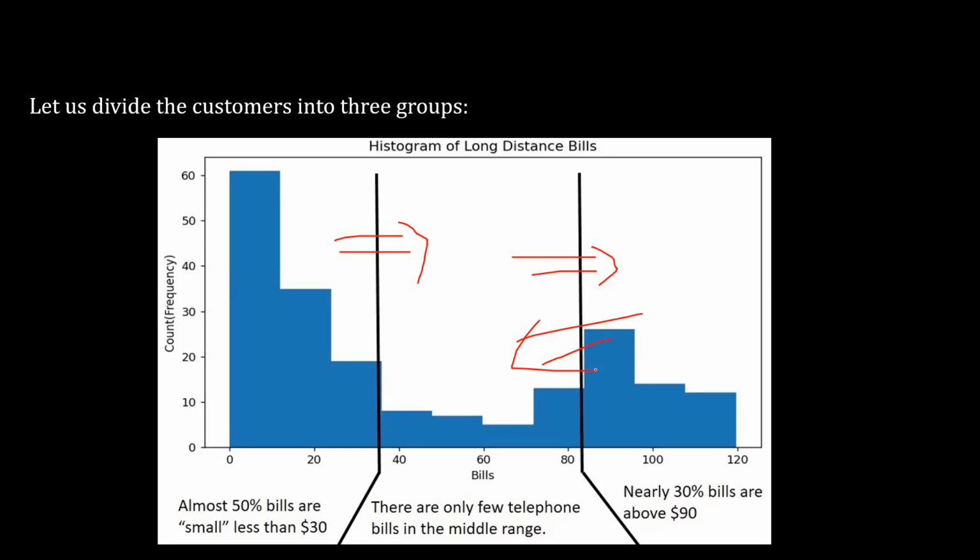Then you say, okay, how can I make them buy shampoos? You give them some discount so that they start buying shampoos also. So in that case, you want to push them to the right side. You want them to spend more with you. But as a telecom service provider, your objective will be that they spend less with you. So your action, your decision will vary based on the business domain that you are in.